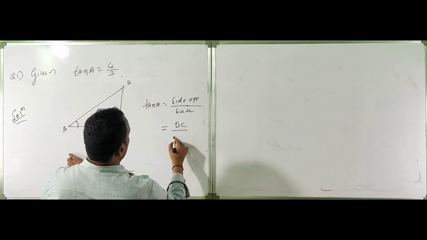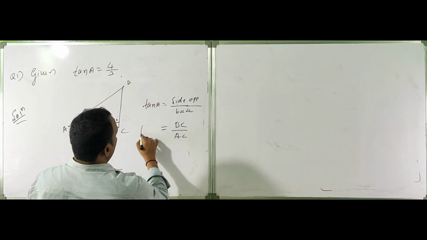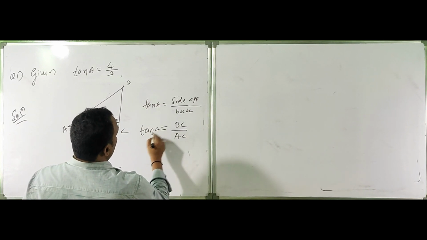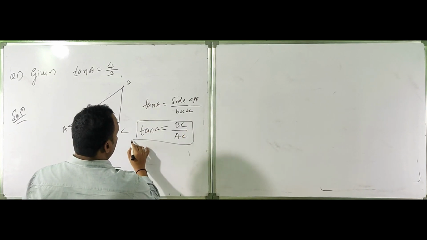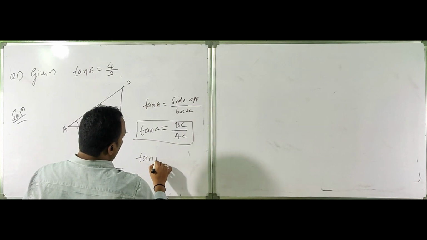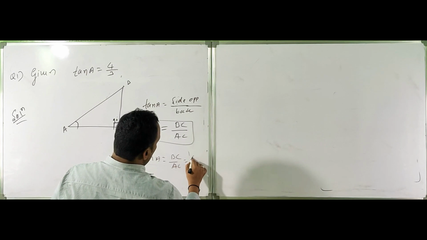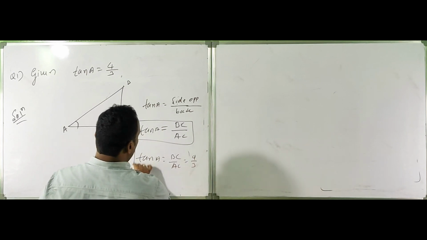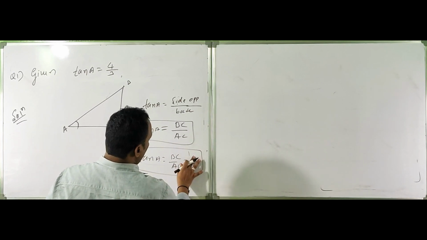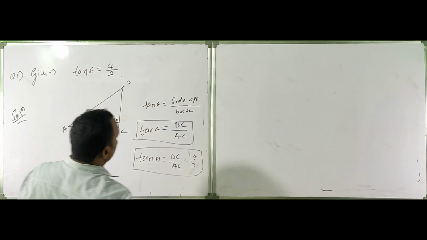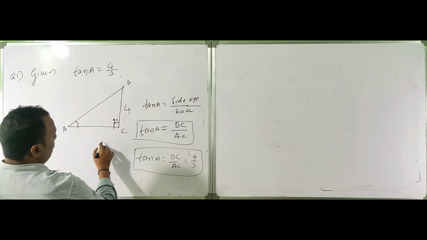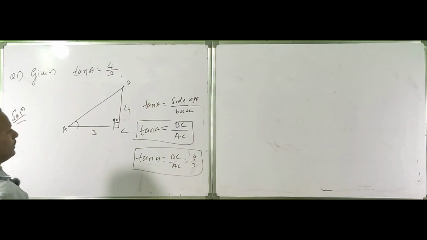BC. What is the base here? AC. Therefore, tan A is equal to BC by AC, which is given as 4 by 3. So BC becomes 4 and AC becomes 3.